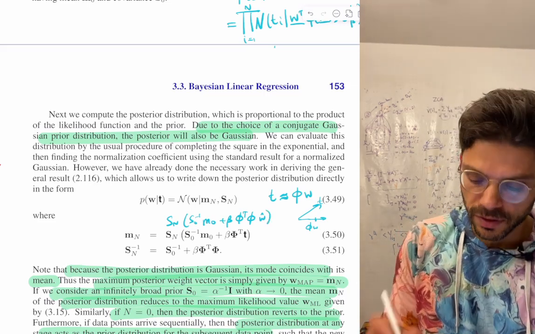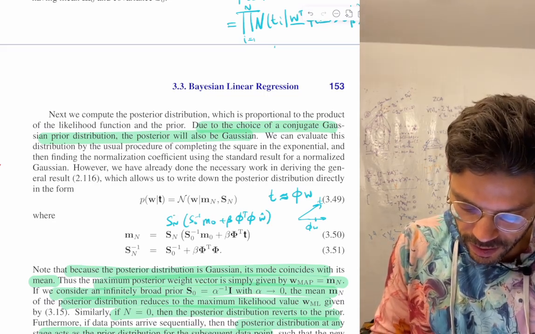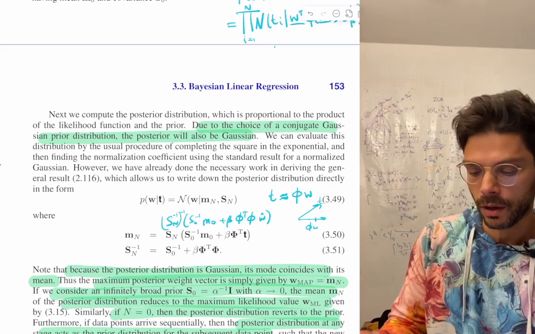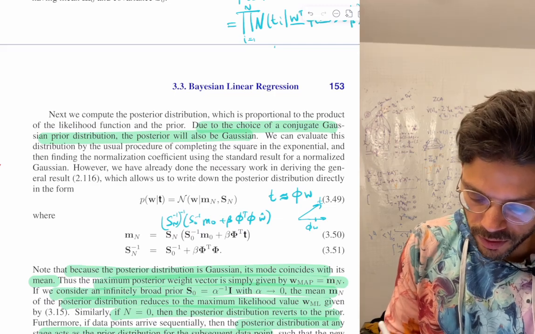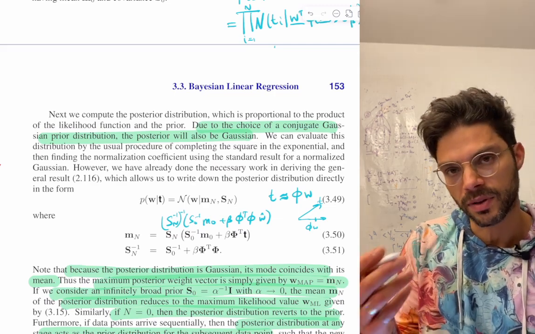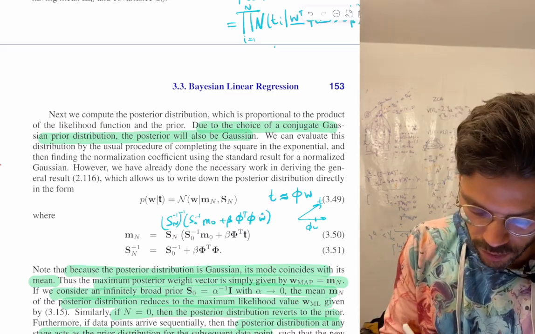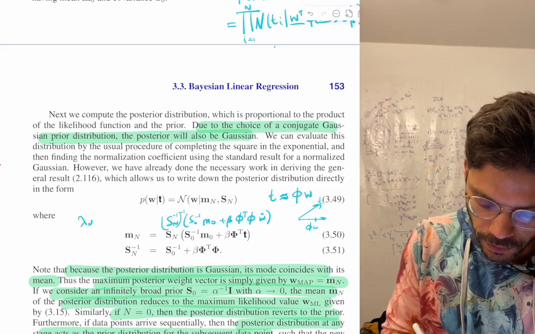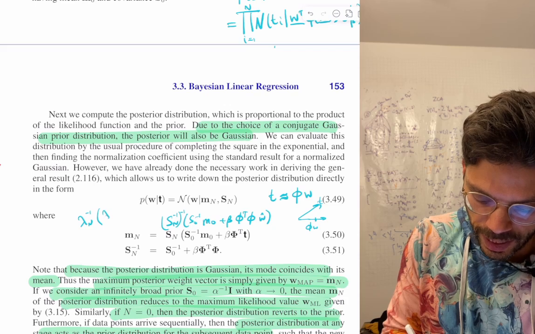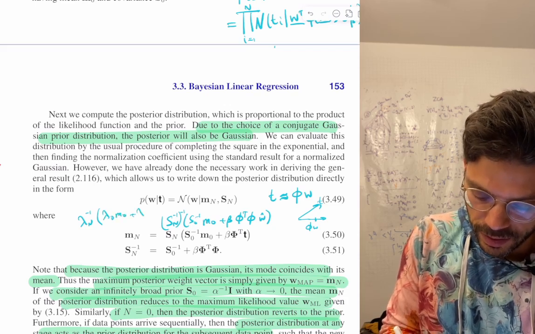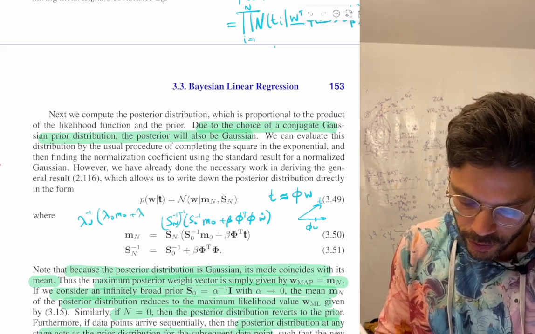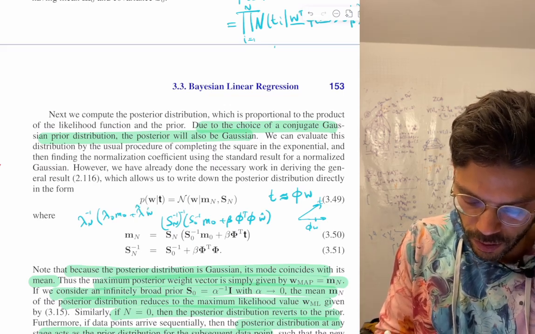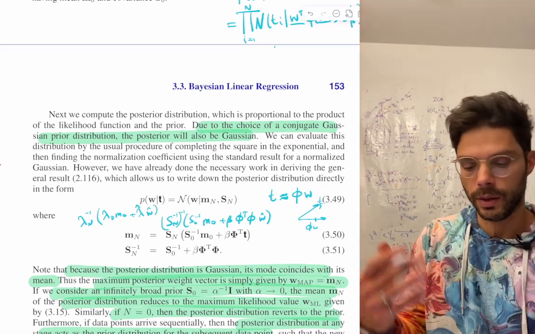And now look at what we have. The next thing is just to write this Sn as Sn minus 1 to the minus 1. What I'm trying to make you recall is that we had a similar situation in the one-dimensional setting, where instead of Sn there was a scalar precision, a lambda after n steps, minus 1 times lambda of the prior plus lambda hat, some new value that you were getting from the data.